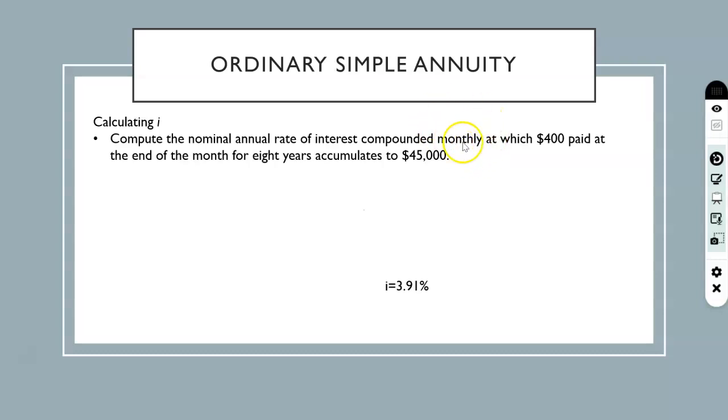So interest is compounded monthly and you are paying $400 at the end of every month for 8 years, and the amount will become $45,000. That means this is the future value given, and PMT is given as $400, and your N is 8 years of monthly payments, that is 12 times 8. It is your N, and then you need to find the I.